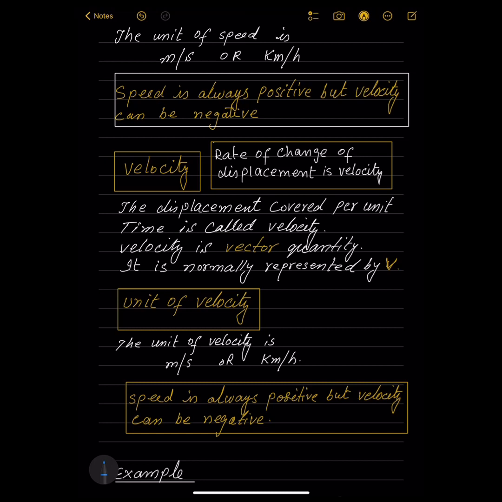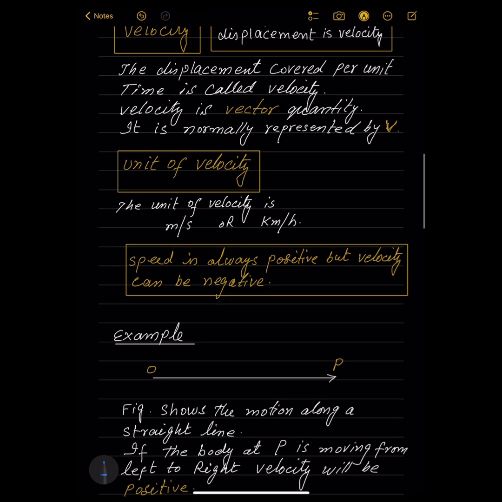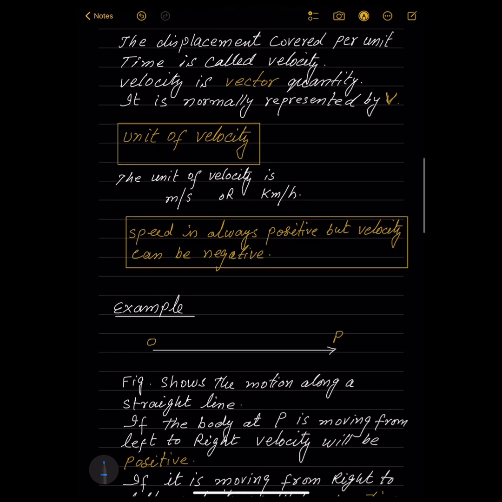Velocity is a vector quantity, but speed is a scalar quantity. It is normally represented by v. Unit of velocity and unit of speed are the same, meter per second or kilometer per hour. So again the speed is always positive, but velocity can be negative.